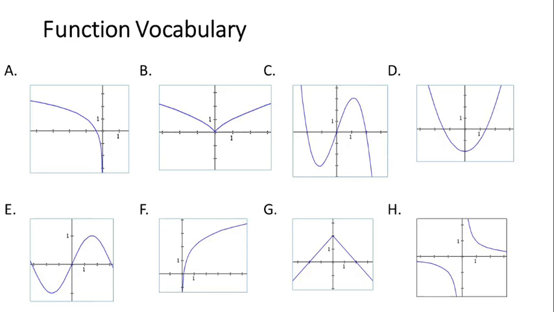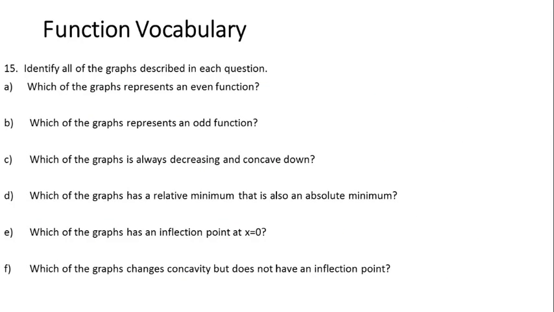So looking at our graphs down here, that's what we're looking for: y-axis symmetry. And I see we have that here on graph B, also on graph D, and finally graph G. So B, D, and G would be the answers to this first question.